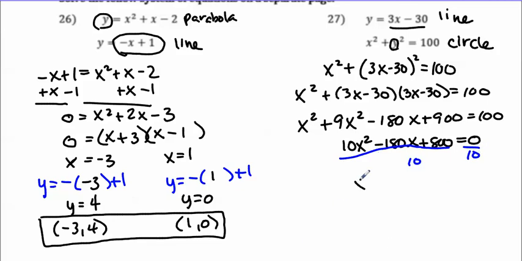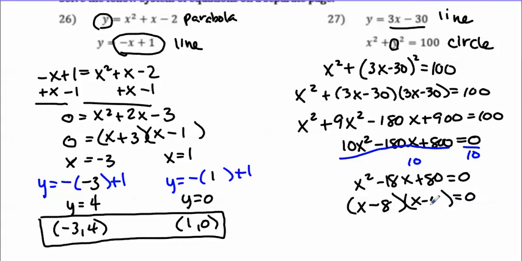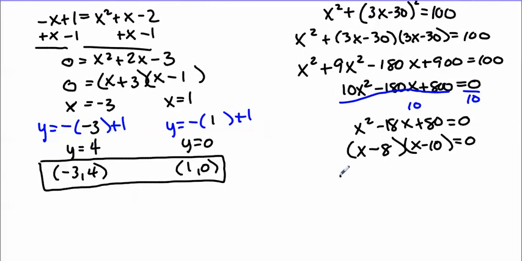And I get x squared minus 18x plus 80 equals 0. So again, you want to factor and find numbers that multiply to positive 80 and add to negative 18. So a negative 8 times a negative 10 gives you positive 80 and adds to negative 18. So I get x equals 8 and x equals 10.